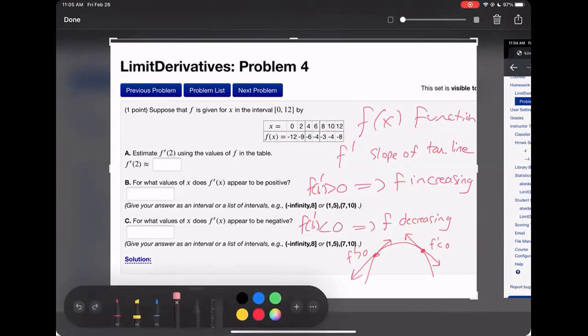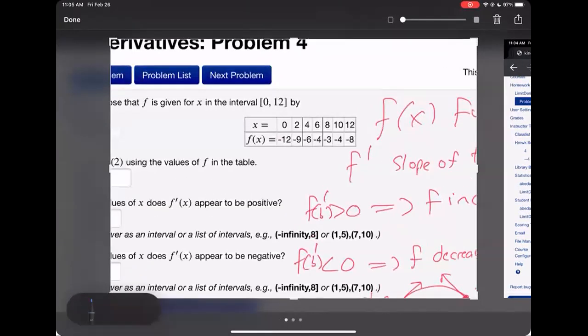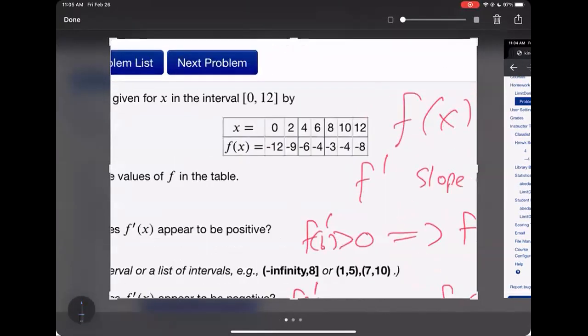Right, so if I look at this table here, it starts at -12. Let me zoom in on that table. Starts at -12 and then gets bigger, right? -9 is bigger than -12, -6 is bigger than -9, etc. So these values are all increasing. And so that should tell us that the derivative is positive here.